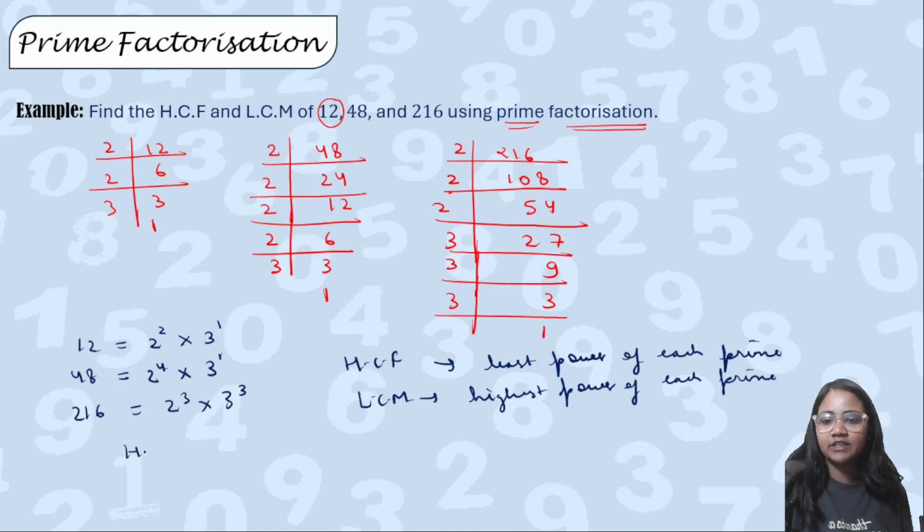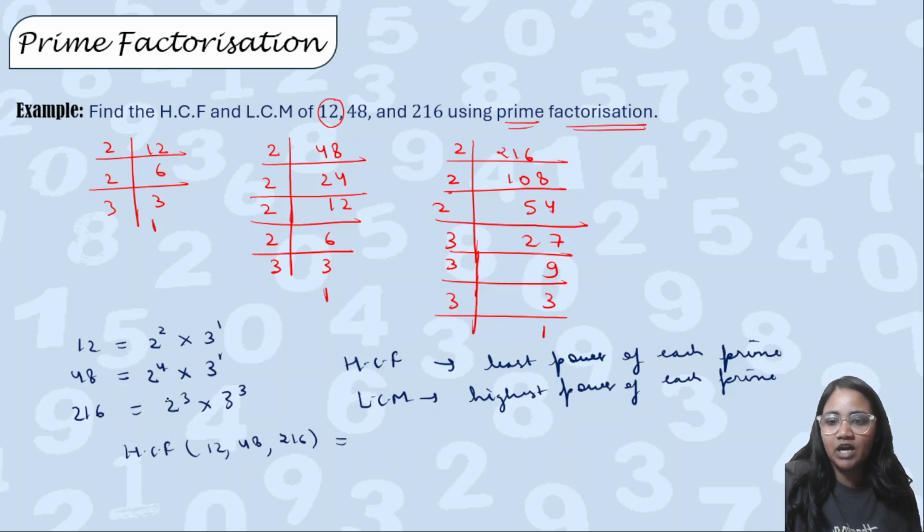If I take the HCF first, HCF of 12, 48 and 216, least power of each prime. If you take the least power of 2, you can see to the power 2, to the power 4, to the power 3. Least is to the power 2. Okay. And 3 to the power 1 is the least. So what will it be? 4 times 3, 12. So the HCF of 12, 48 and 216 is 12.